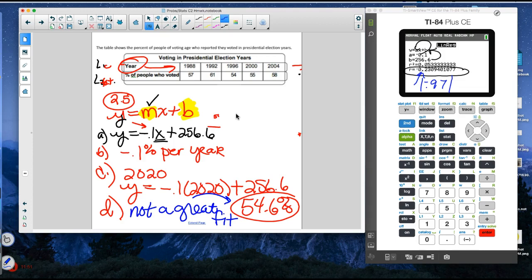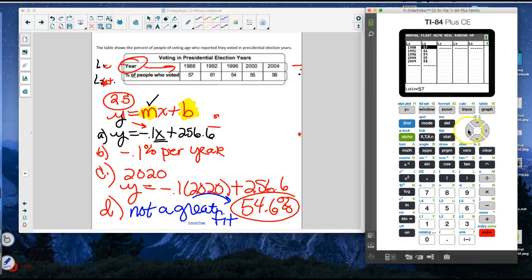So now if I was going to do another problem, I'd hit my stat, my edit. I would go and erase what's on there so you can see it. I'd go to L1, just to repeat. I'd clear it down. I'd go up and over to L2. I'd clear it down, and I'd start entering my new data.